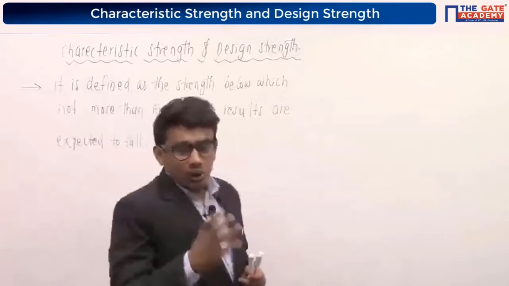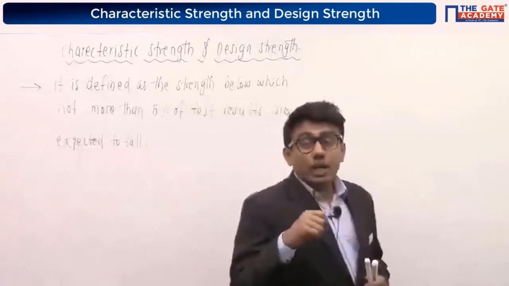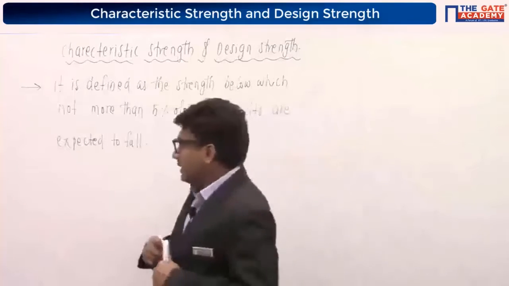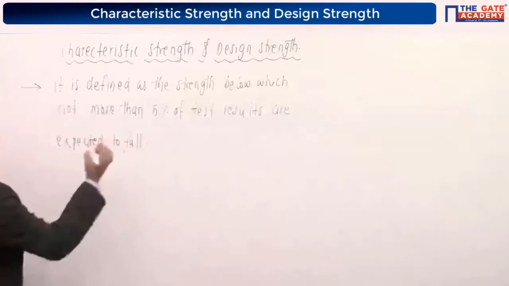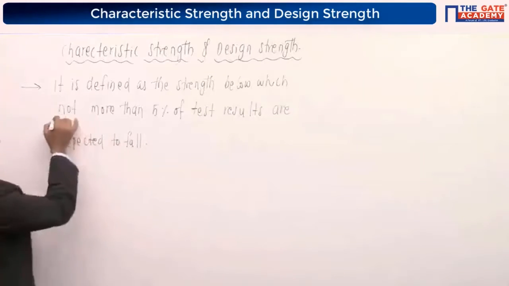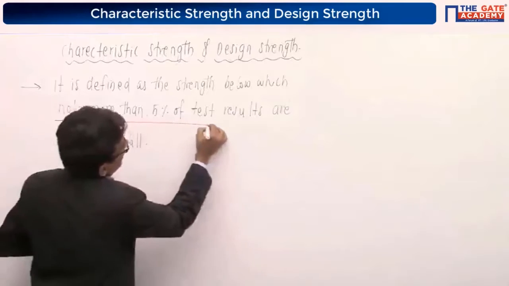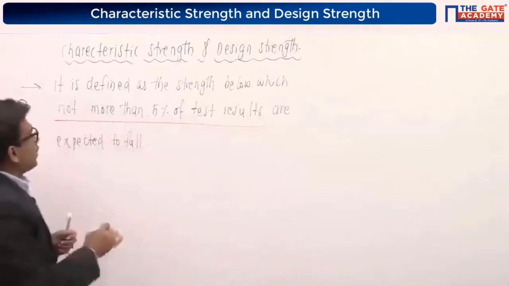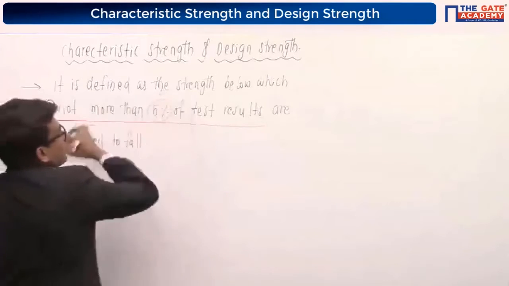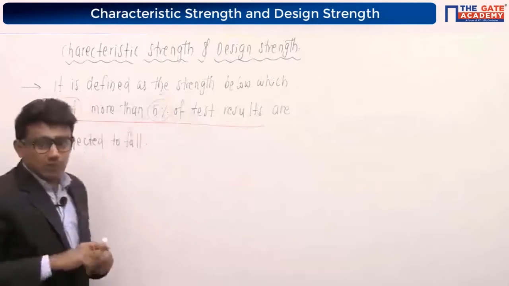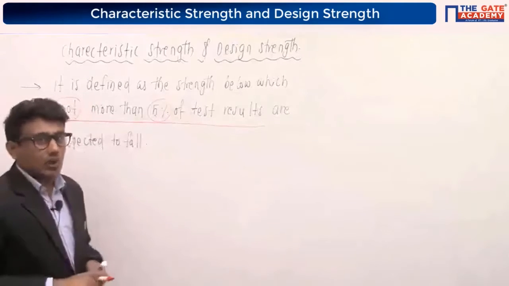There it was the load having 95% probability of not being exceeded. Here, the characteristic strength of the structure is that strength below which not more than 5% of test results are expected to fall. I will discuss what these things mean. Remember this: not more than 5% of test results are expected to fall.